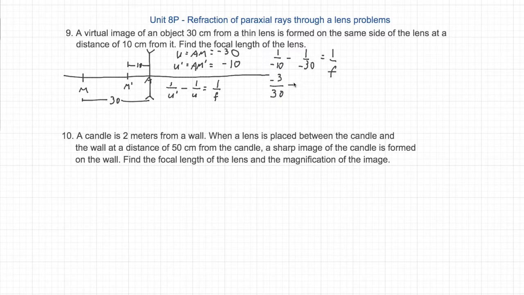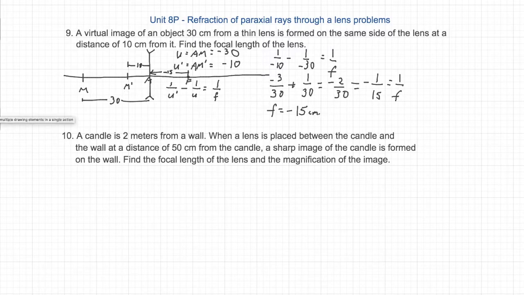We'll choose 30 as our common denominator. And we find that the focal length equals negative 15 centimeters, meaning the primary focal point is on the right side because it is measured from F to A.